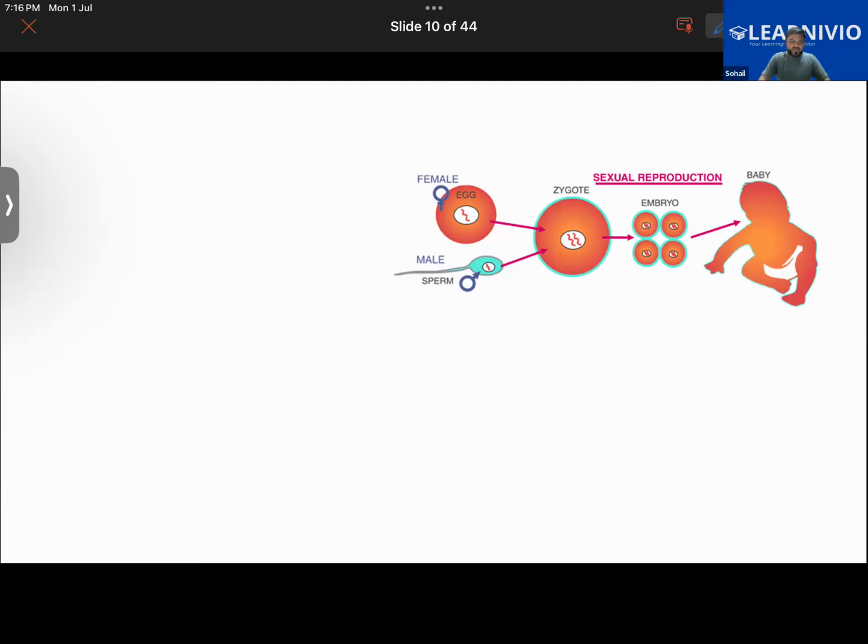That is, first of all, stage number one would involve formation of the male and female sex cells. There we'll be talking a little bit about puberty and all that. Then in stage number two, you'll be learning about fertilization, when the male and female sex cells would fuse together. Then you'll be learning about post-fertilization events, meaning what happens once the male and female cells have fused together. Got this now?